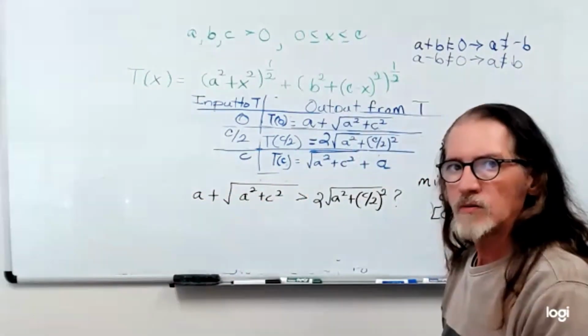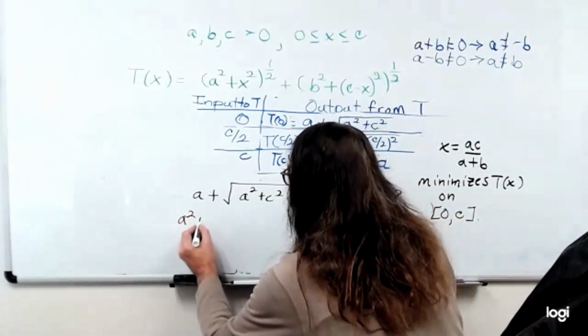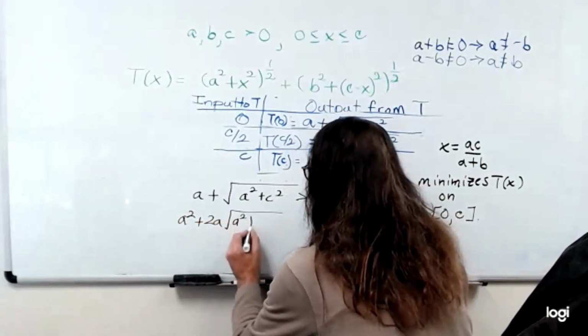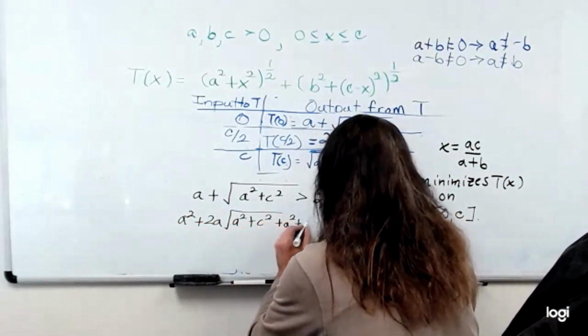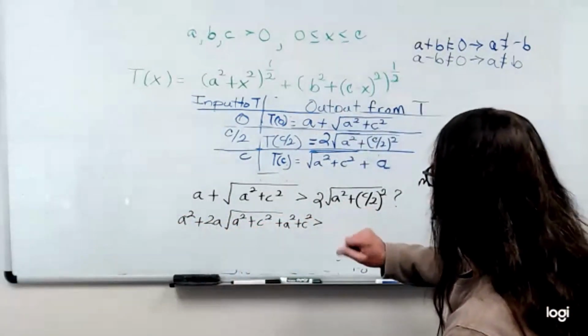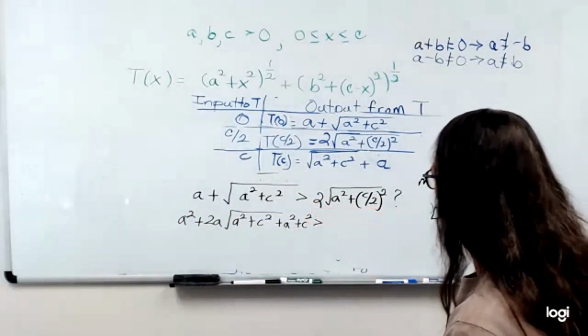So again, let's square both sides. Over here, splitting up the squaring to the 2 and then the square root factor.